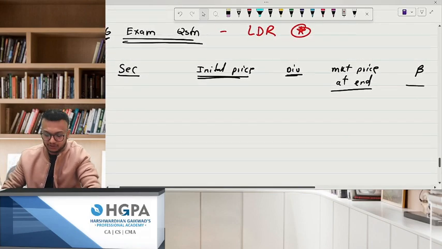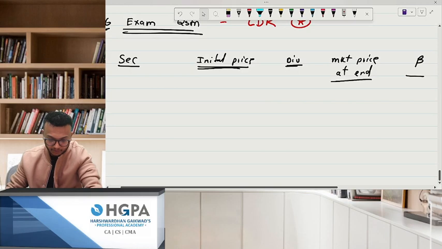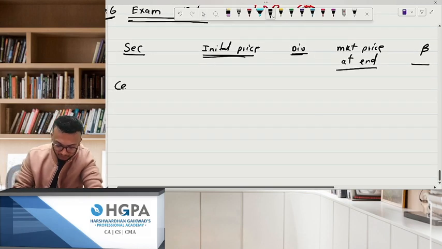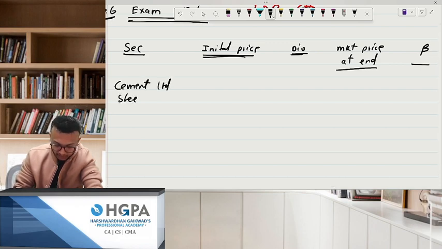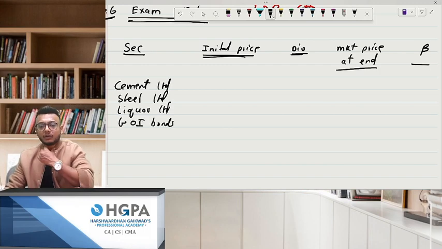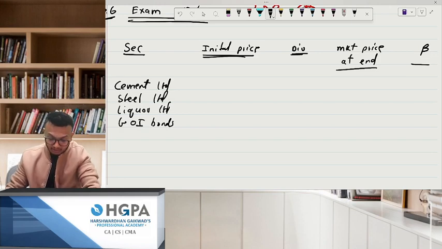Online people, please pay attention. I want full concentration. In your securities, they have given you cement limited, steel limited, liquor limited, and government of India bonds. Initial prices are rupees 25, 35, 45 and 1000.